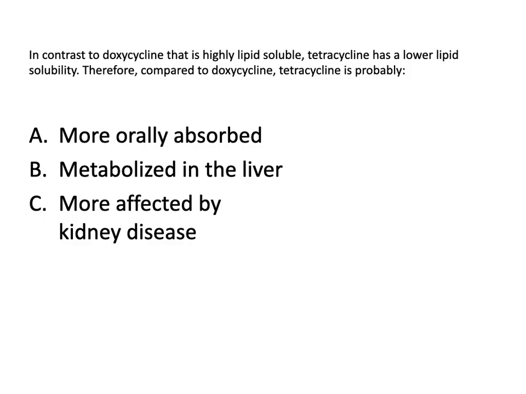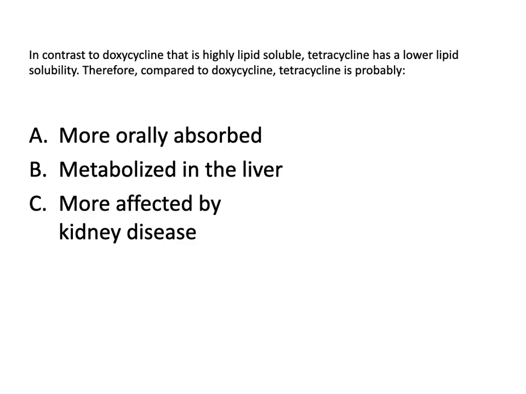Yep, so tetracycline is probably more affected by kidney disease. Well, why is that? So what did we say here? We said that doxycycline is lipid soluble. So if doxycycline is lipid soluble, we expect it to be more orally absorbed, not tetracycline but doxycycline itself, because of the permeability by diffusion.